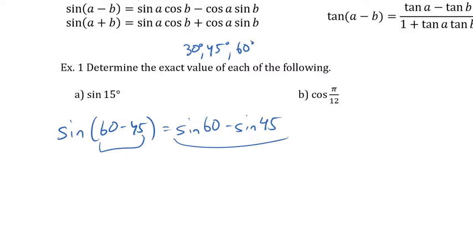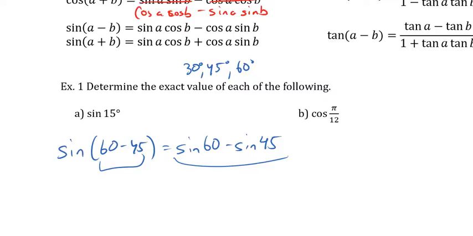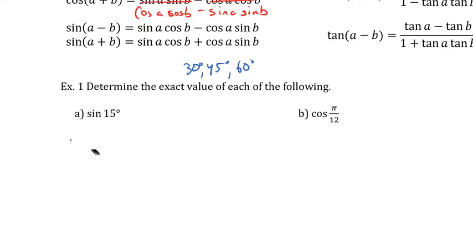Sine of 15 is equal to the sine of, in brackets, 60 minus 45, or 45 minus 30 would work as well. Believe that? So what does that mean? Well, the sine of A minus B is right there. It's the sine of A cos of B minus cos of A sine of B. So that's not our formula, but we do have a formula that will work for this.